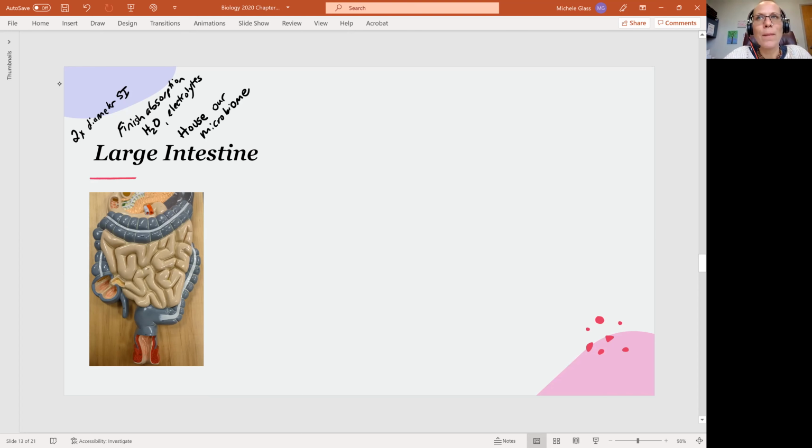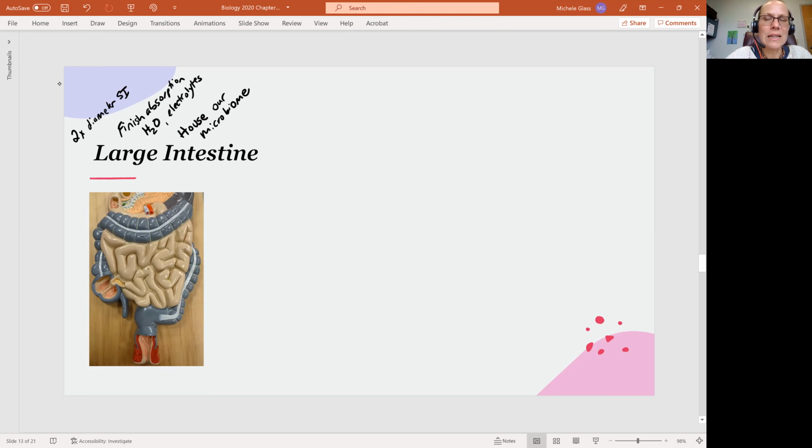So these are bacteria and some fungi that live in our gut, and they do important stuff for us. We'll see that these organisms are important in helping to produce some of our vitamins, and then we can absorb those vitamins across the large intestine.